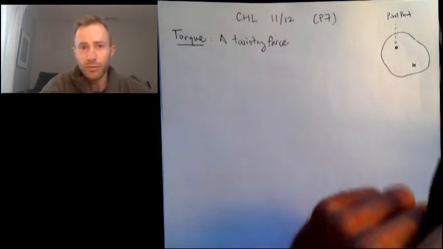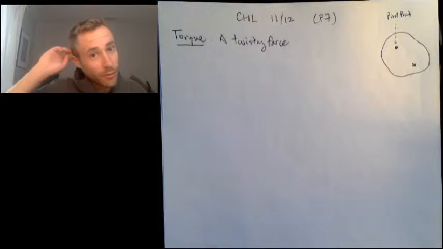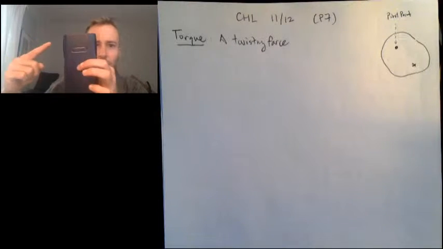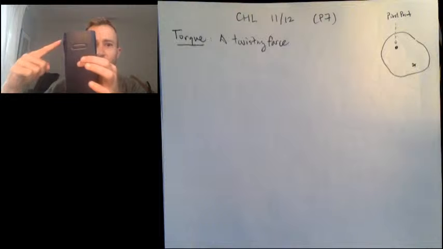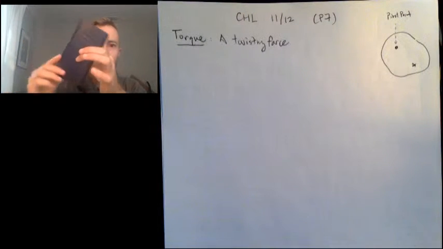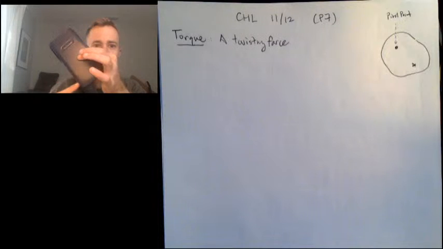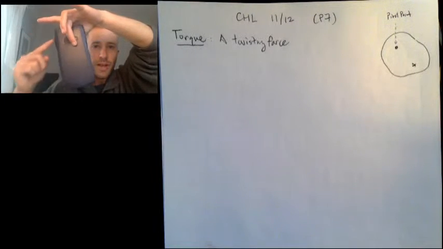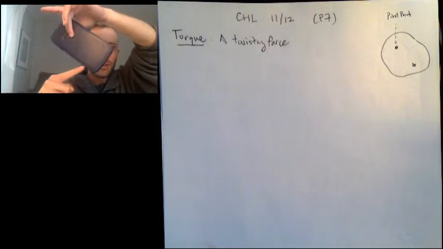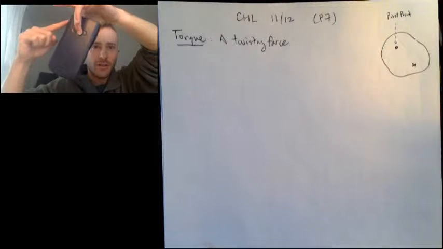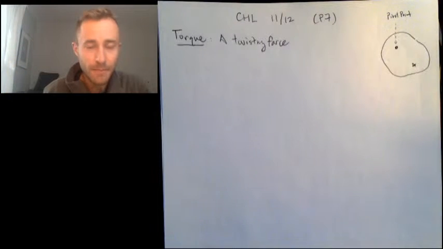So if something is rotating, then where the force acts is important. If I think about holding this calculator, I'm going to apply a force in the same direction. If I apply that force here, it rotates one way. But if I apply the same force down low, it rotates in a different direction. So the way that it rotates, even though I'm exerting the same force, depends on where I push.